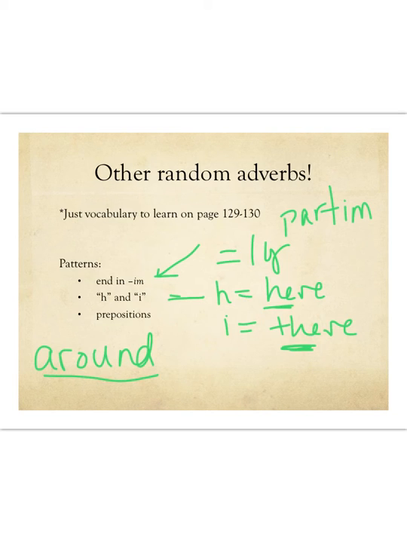Around there is really just an adverb. So Latin does the exact same thing, especially with words like circa or extra, outside, right? Or intra, inside. So these place prepositions can also often function as adverbs.